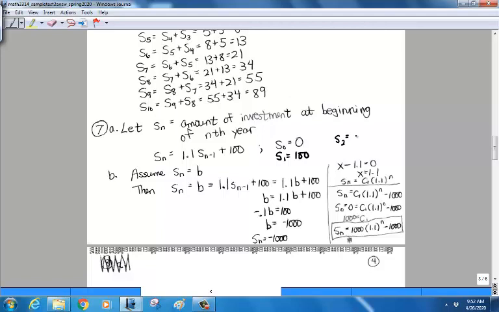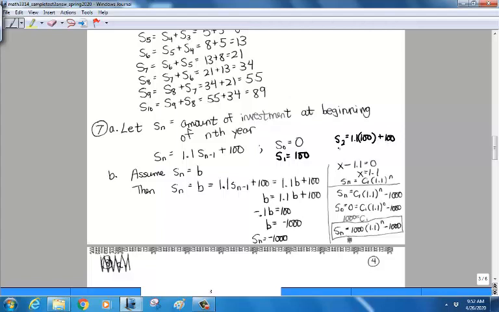So S sub 2 is going to be the 100 that you invested at the beginning of the first year times 1.1, because that's 10% added into this original $100, and then plus the extra 100 that you add in at the beginning of the second year. So you get the interest paid on the 100 that you put in the first year, plus the 100 that you deposit at the beginning of the second year.